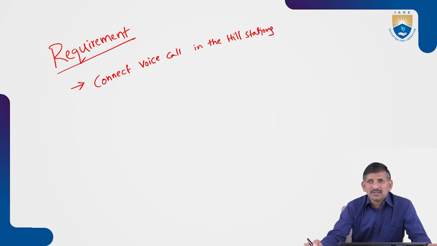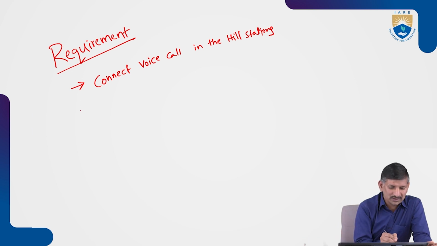In hill stations, sometimes we may not get the signals. So which network provides an efficient call? While talking with somebody, we may get some fluctuations in the signals and we may not get the voice properly. So which network provides good quality or good clarity? Okay, that is one requirement.